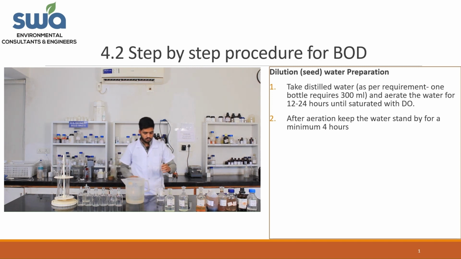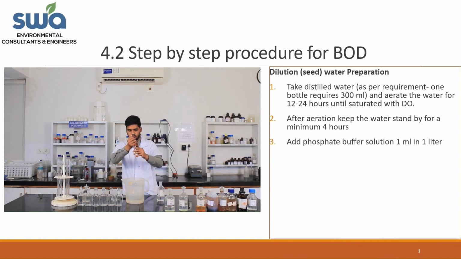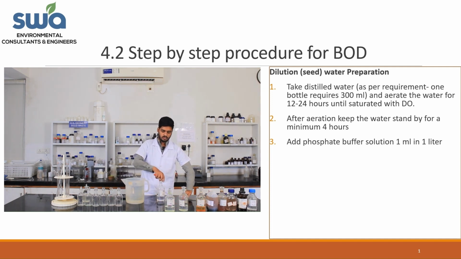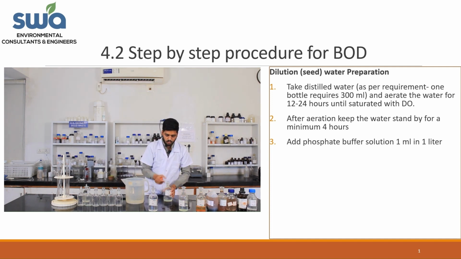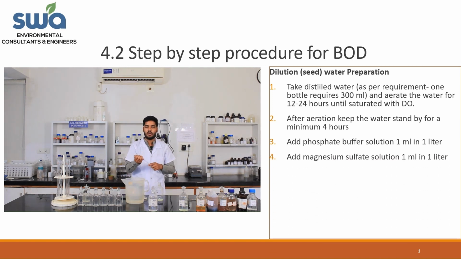First I will add 4 ml of phosphate buffer. Next I will add 4 ml of magnesium sulfate. Make sure you use a separate pipette for adding reagents and sample, and wash every glassware properly with tap water and distilled water to avoid any contamination.